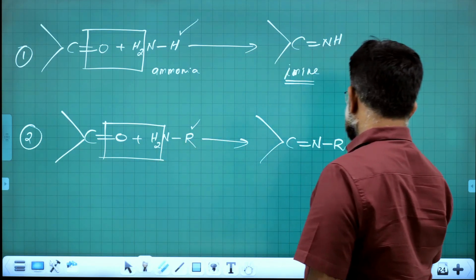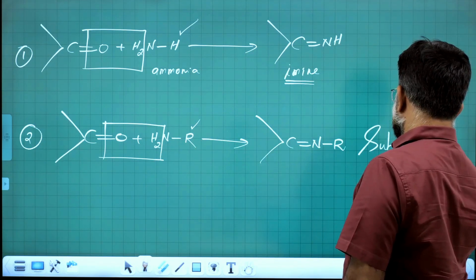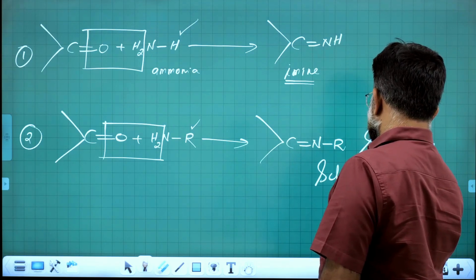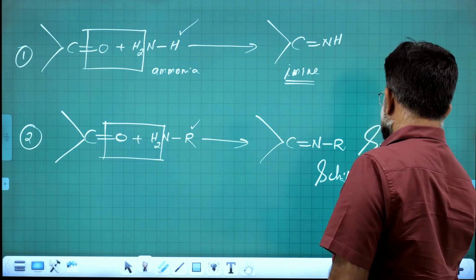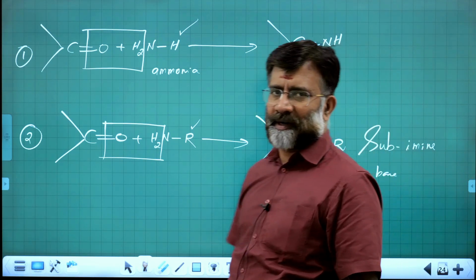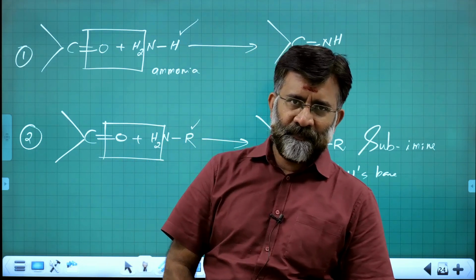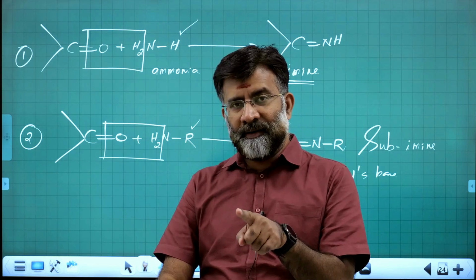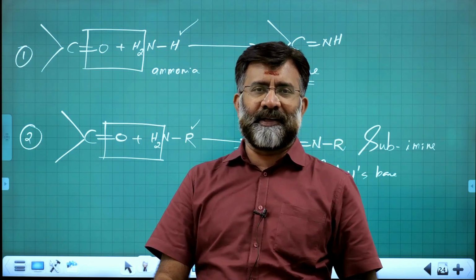That is called substituted imine, called Schiff's base. So if you take ammonia, the product is imine. If you take amine, the product is substituted imine.